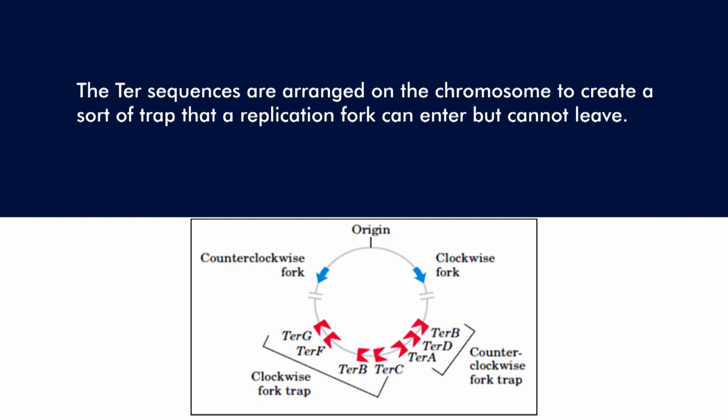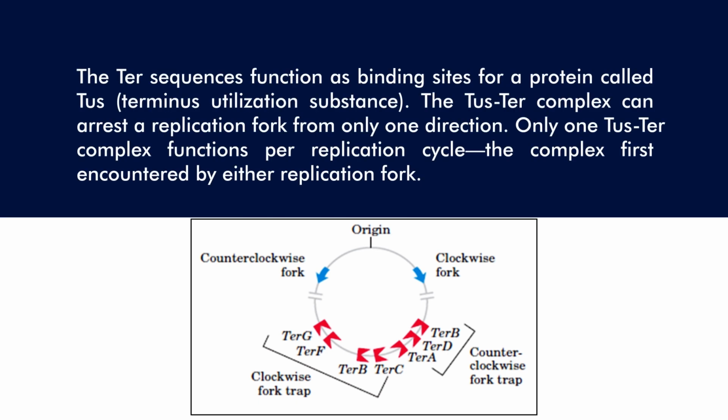but cannot leave. The TER sequences function as binding sites for a protein called TUS, that is the terminus utilizing substance. The TER-TUS complex can arrest a replication fork from only one direction. Only one TUS-TER complex functions per replication cycle.